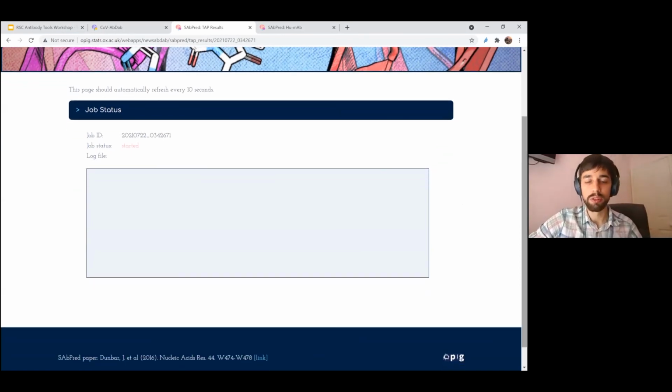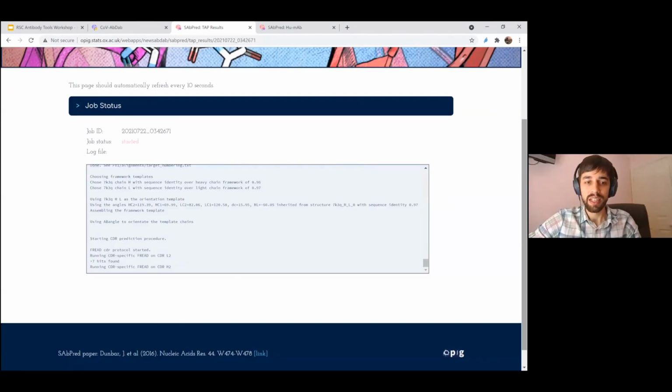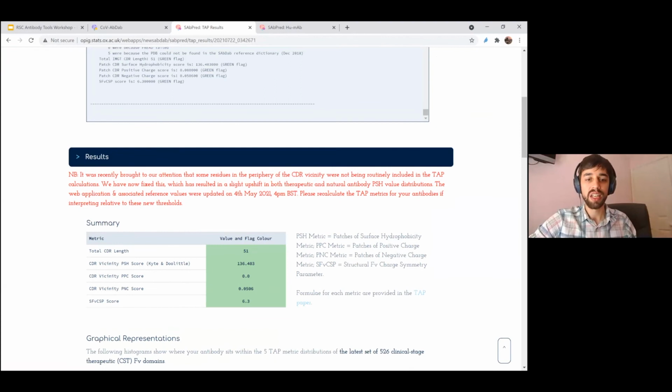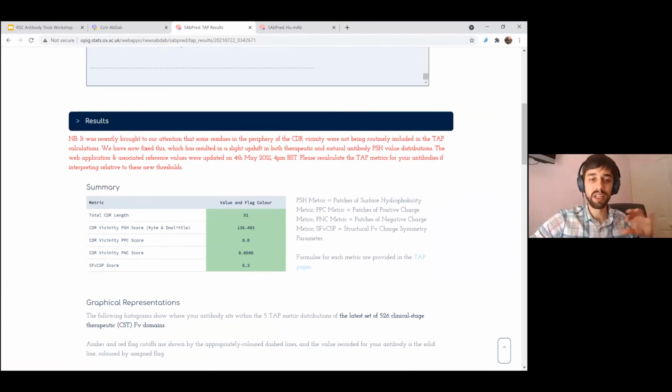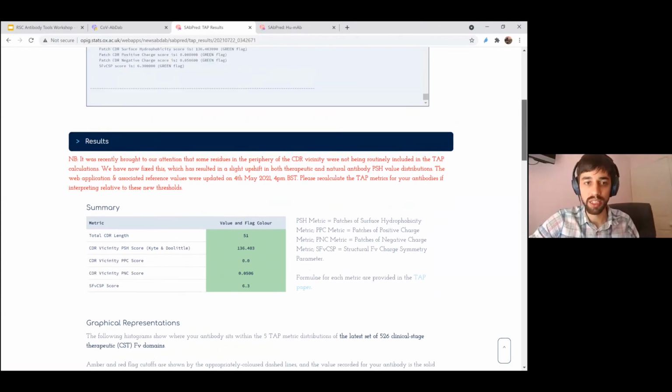This will first of all create an ABodyBuilder model, so many of the first steps are just ABodyBuilder going through its thing. Thereafter, it will calculate the patches of surface hydrophobicity, regions where the molecules might aggregate through exclusion of water from exposed hydrophobic patches, as well as charge patches, either positive or negative, CDR length distributions, and charge asymmetry.